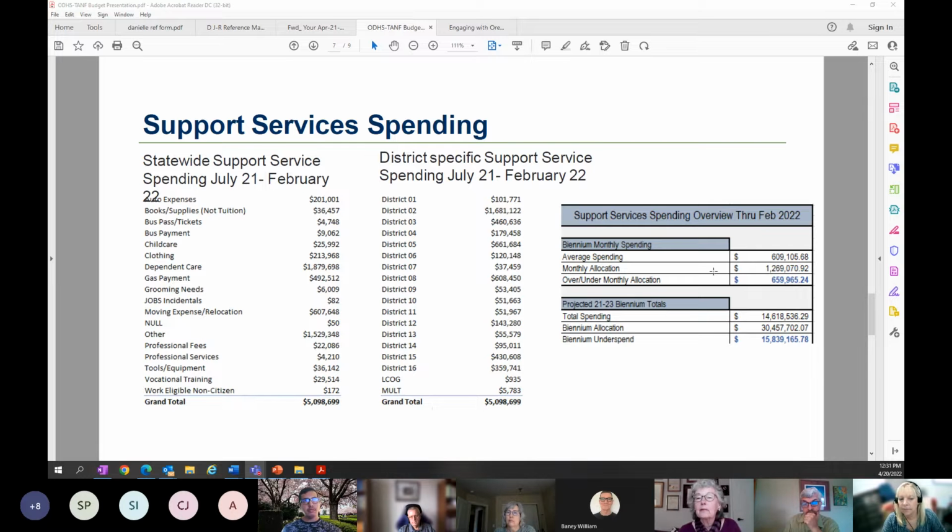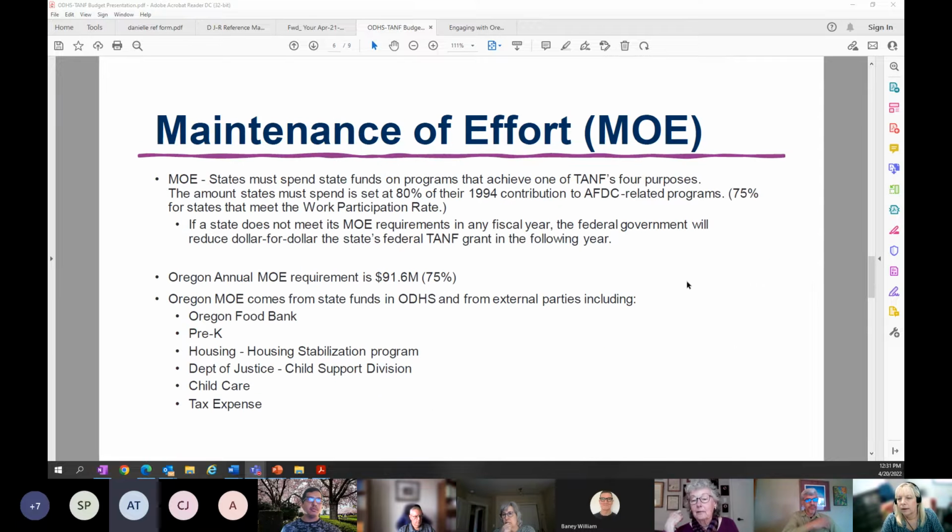This is Alicia. I'm trying to understand, how does it work when it's external spending, like the food bank or others? I just don't even have a sense of how that works or how that looks. Yeah, so it can be from different sources, but it's basically state or local spending.